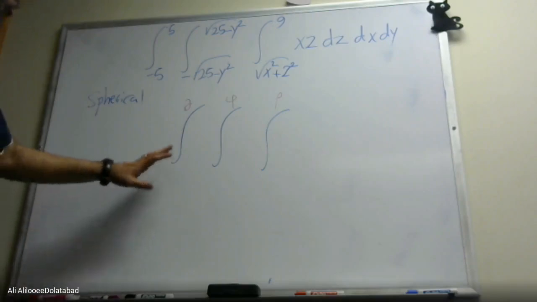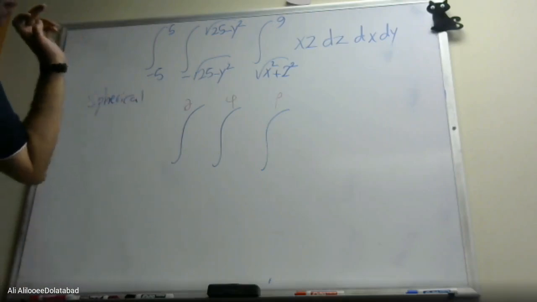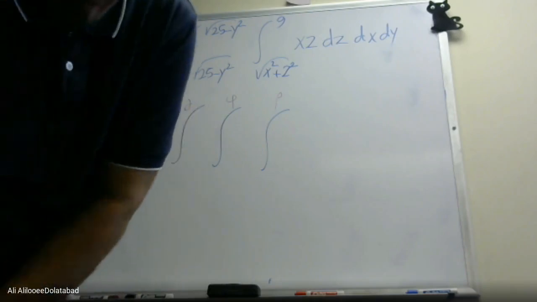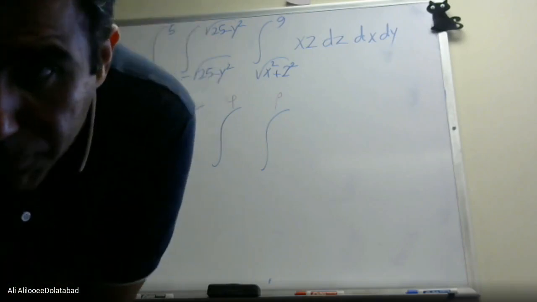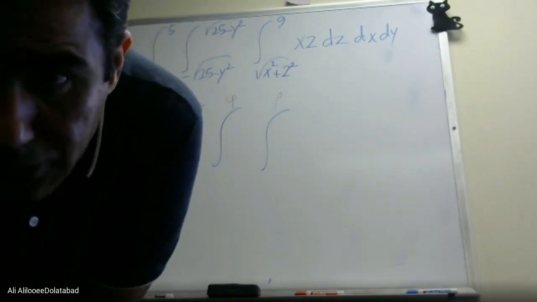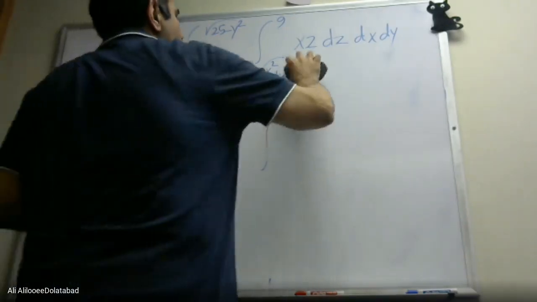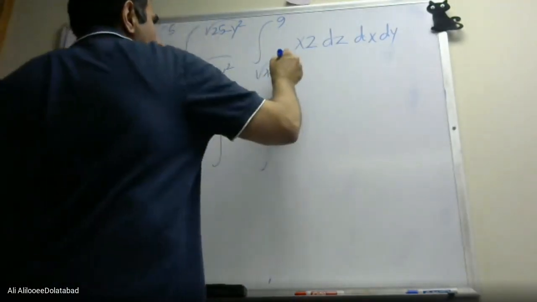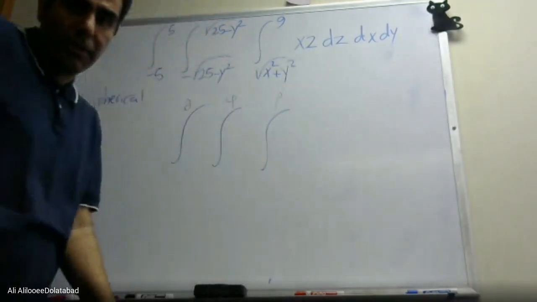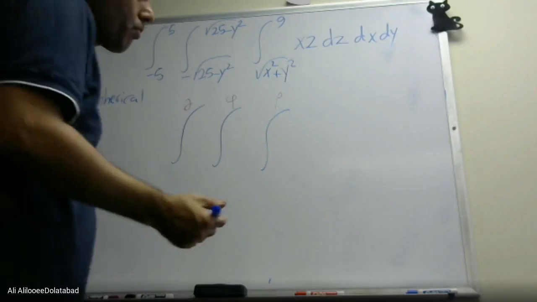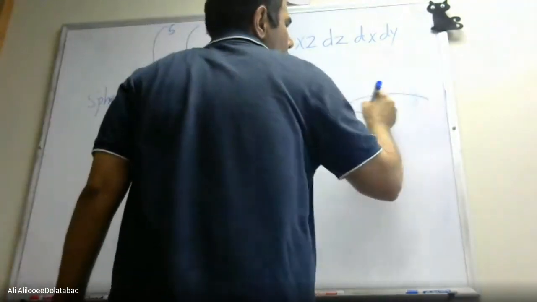First I want to start by finding the range on phi. Brandon, for the bounds for z, I think it was root x. Yes, thank you. So I want to draw the solid again.